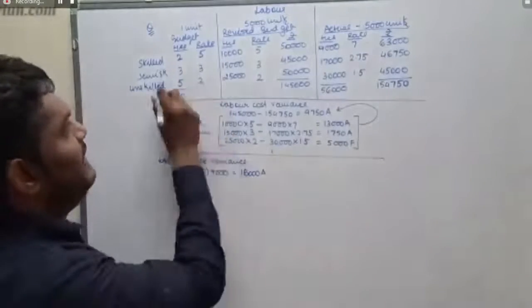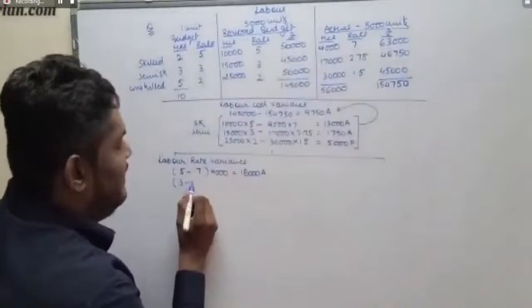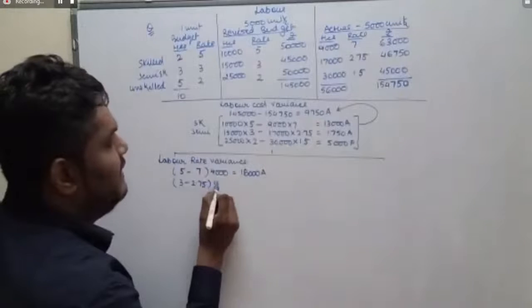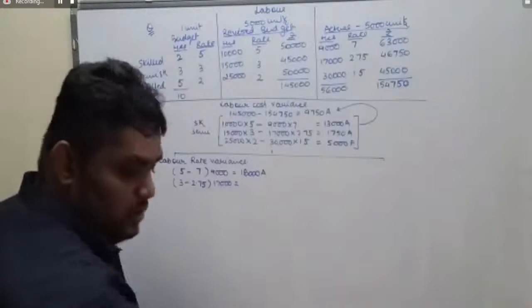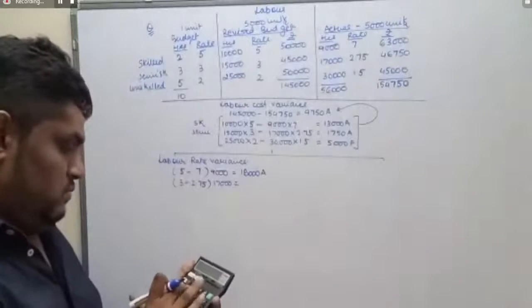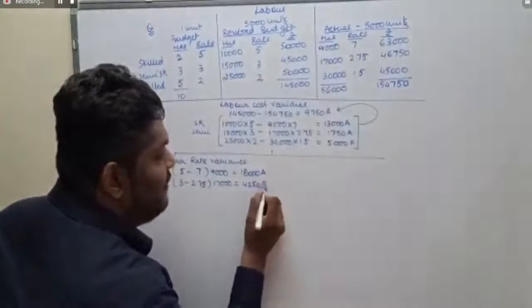Similarly, for semi-skilled, we were supposed to pay at the rate 3. We paid at the rate 2.75 into 17,000 hours. So this will be 4,250 favorable.